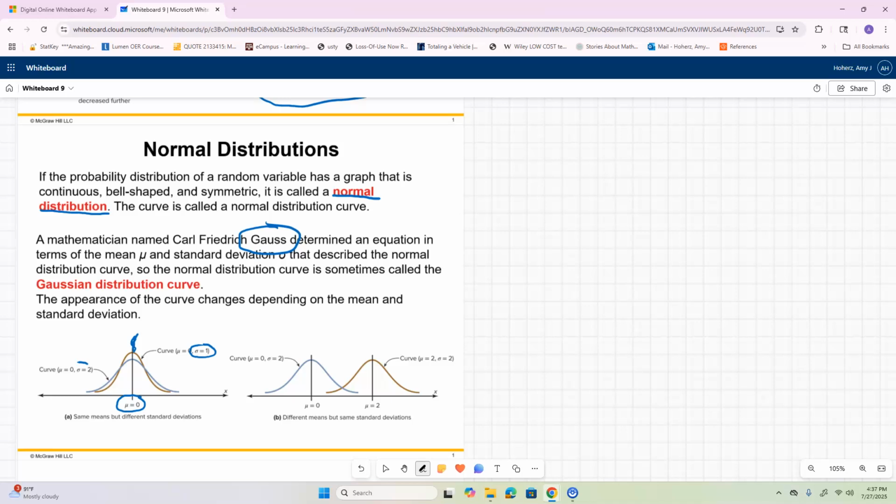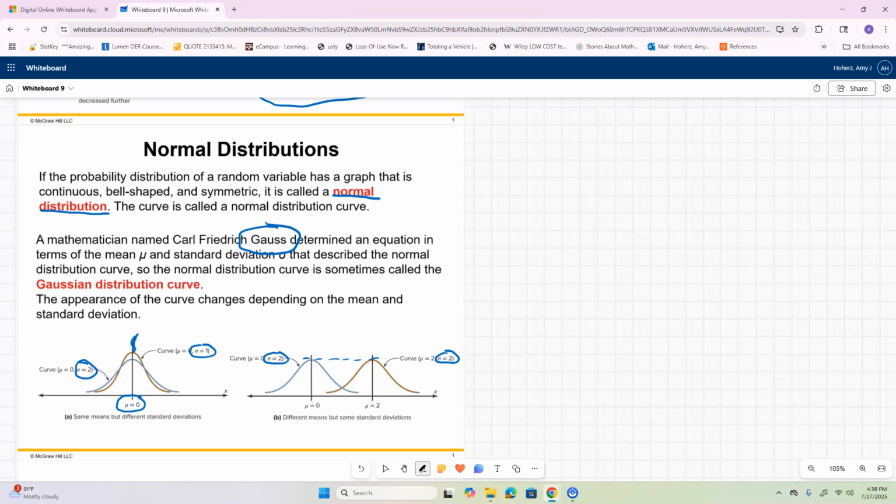So this second illustration here, we have two curves that look like they're the same height. So they have the same standard deviation. In this case, both of them have a standard deviation of 2, which is like the blue curve over here on the left. Remember, this one had a standard deviation of 2. However, they don't share the same average. They don't share the same mean.